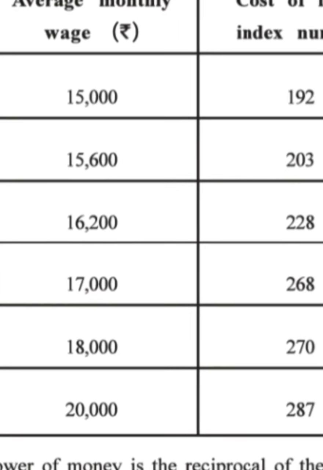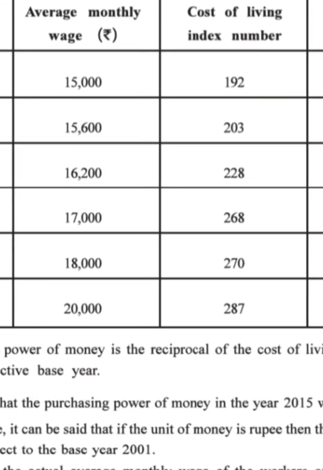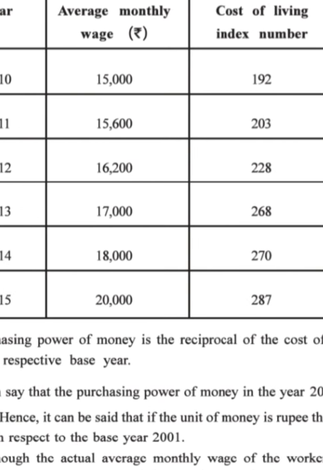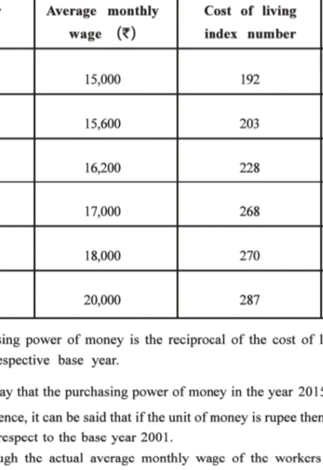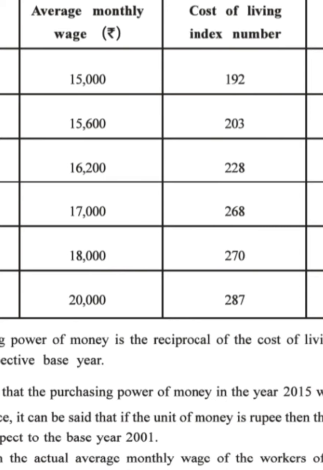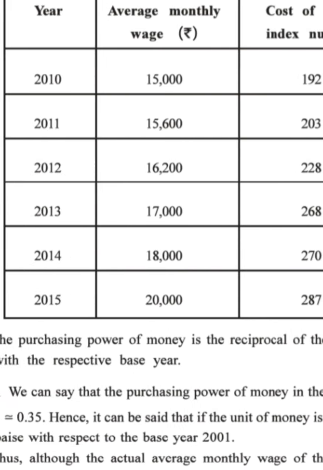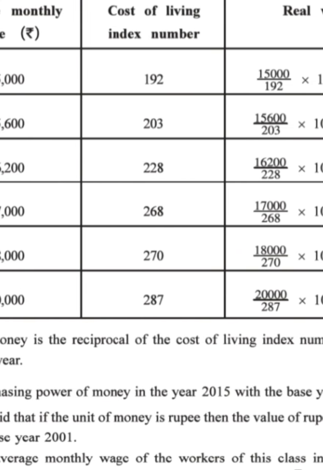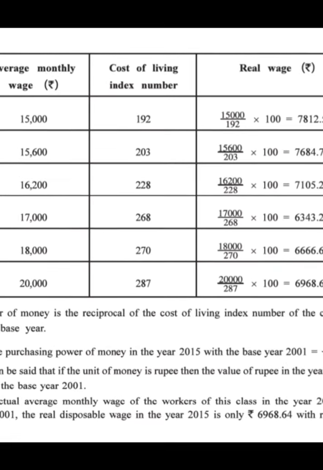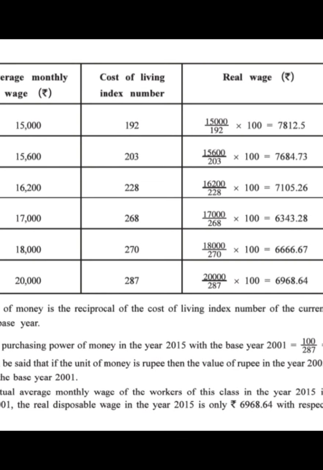Now we are going to use the formula. Our real wage is equal to the average monthly wage upon the cost of living index number into 100. So for the year 2010, 15,000 in the numerator, divided by 192 into 100, you are going to get 7,812.5.